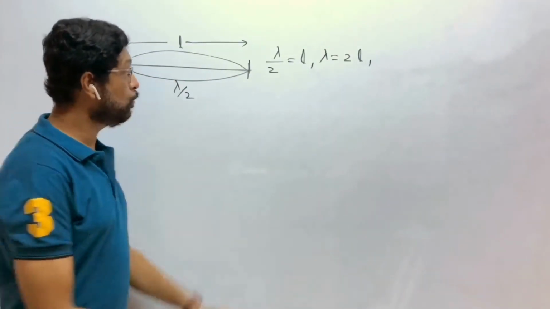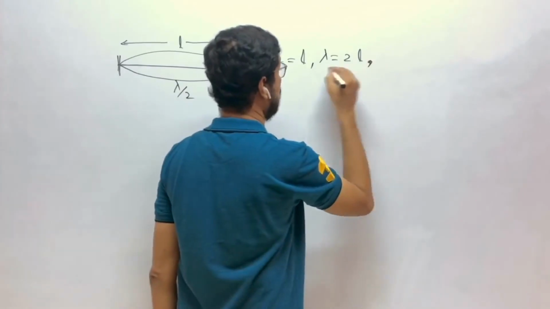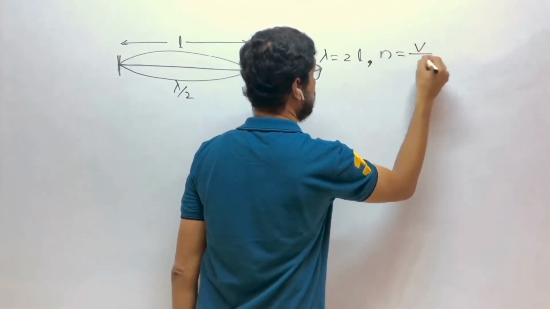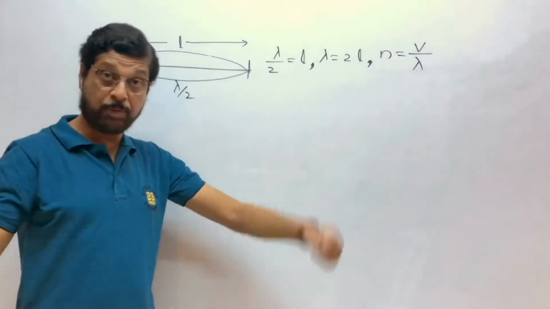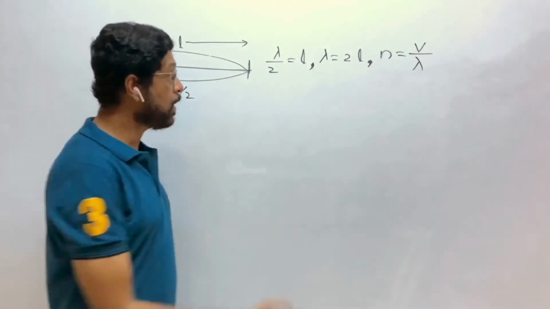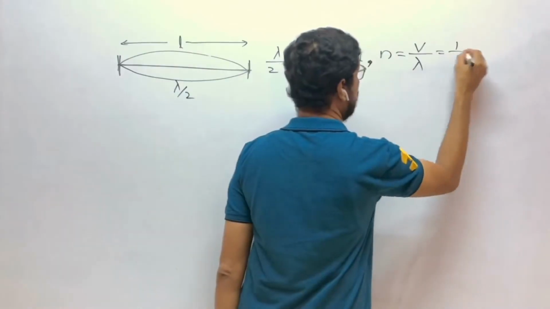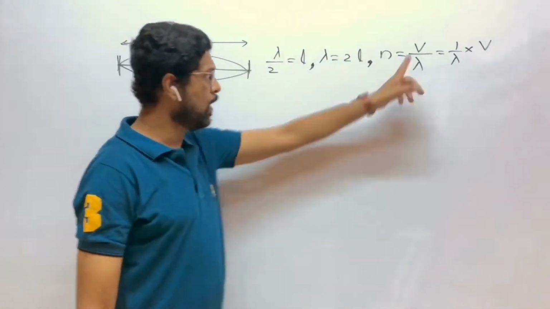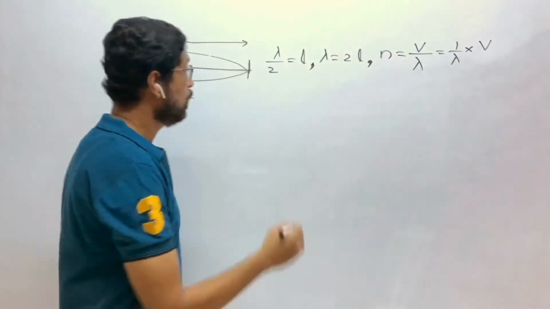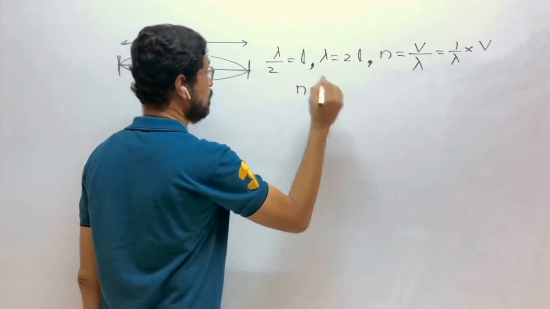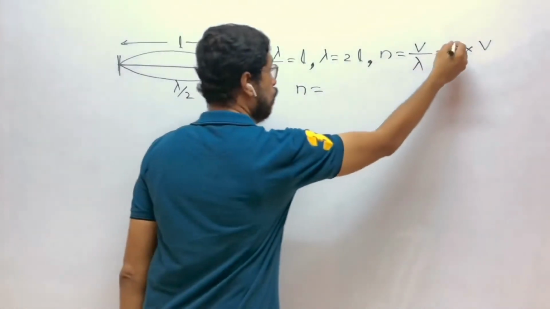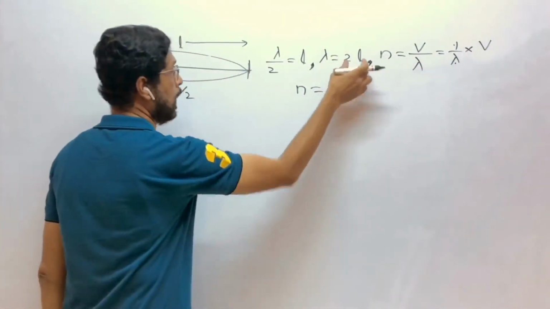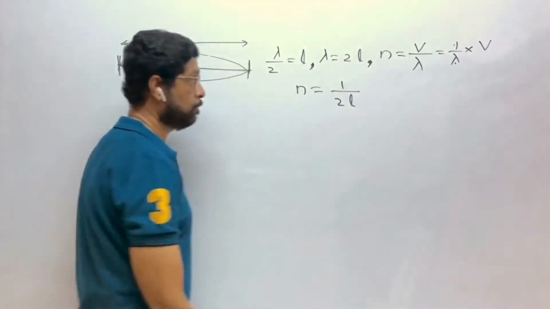So the frequency of vibration of the string N is actually V by lambda. Frequency का formula क्या है? V by lambda. You can write it as 1 upon lambda into V. So the frequency will be equal to 1 upon lambda, and lambda is 2L.